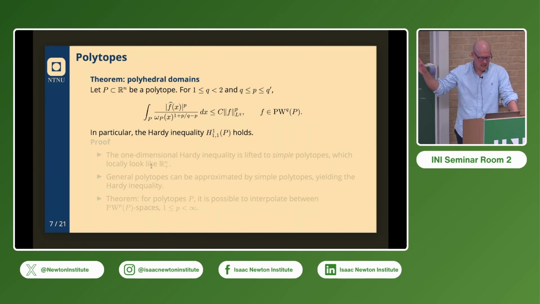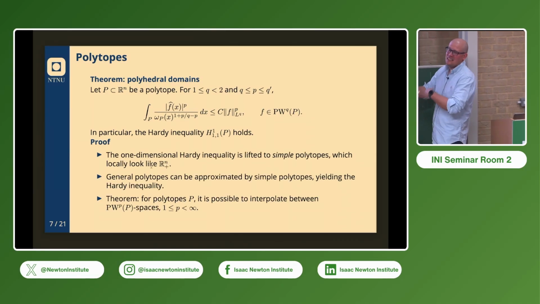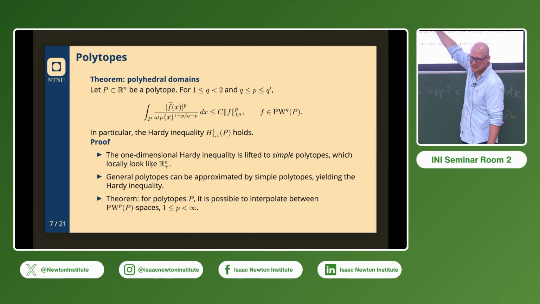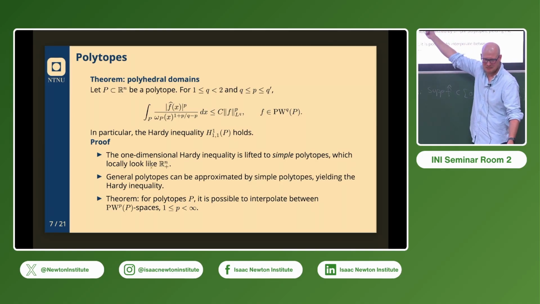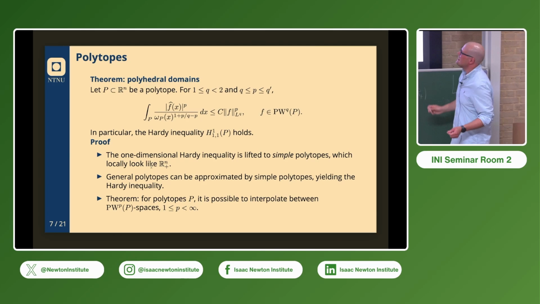The details are not so important, or maybe they are, but I don't want to discuss them too much. At least you get the Hardy inequality, and you always have the q equals 2 inequality, because that's just Plancherel for q equals 2.